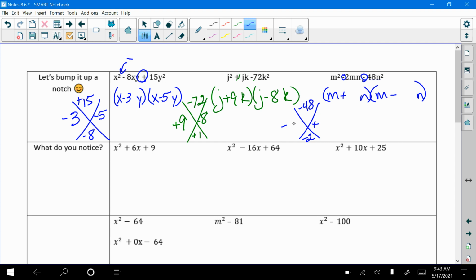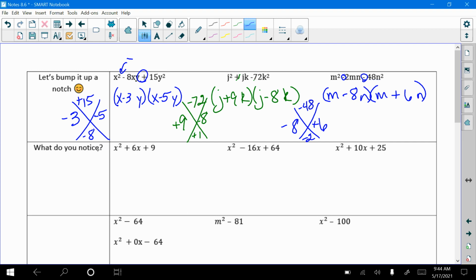There we go, 6 and 8, but I want the bigger one to be negative, so I want negative 8n and then plus 6n. There we go. So a lot of this is just being able to logic through, reason through, which I told you from the very beginning. That's all algebra is, logic and reason.